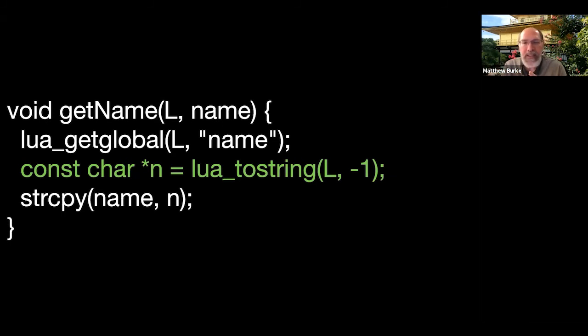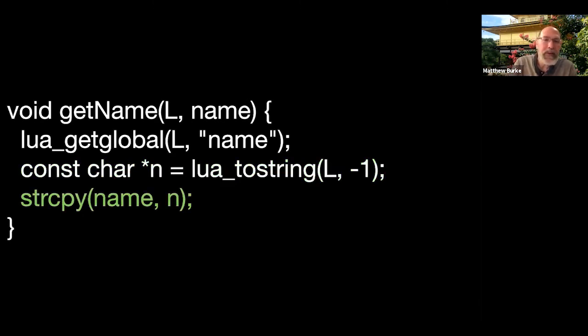So we're grabbing this string that's on the top of the stack, we're copying it into this variable n, and then we're going to use strcpy. Remember, that's the C standard function for copying strings from one variable to another. We're going to copy it out of n and into name, which I passed in. Now, if I was doing this for real, I wouldn't do this two-step process, but I thought it would make things a little bit clearer if I had the two different lines here.